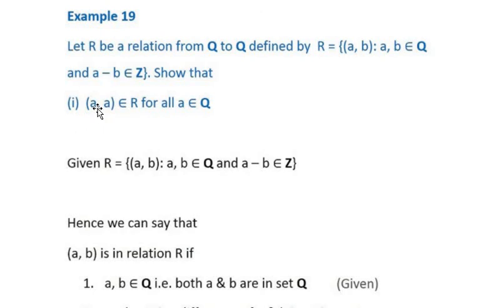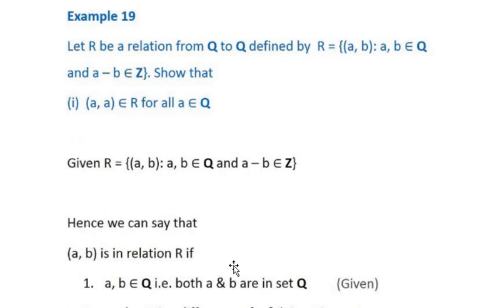What do we want to show? (a, a) belongs to R. Now we know that a minus a will be 0 and 0 belongs to Z. So whenever the elements of the ordered pair satisfy the given condition of the relation, then it belongs to that relation.